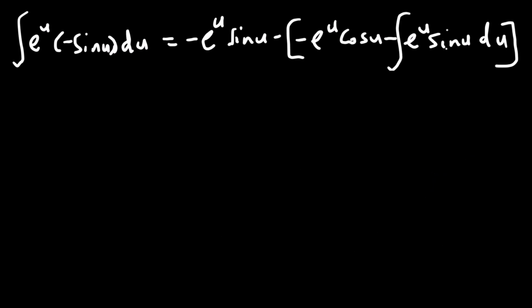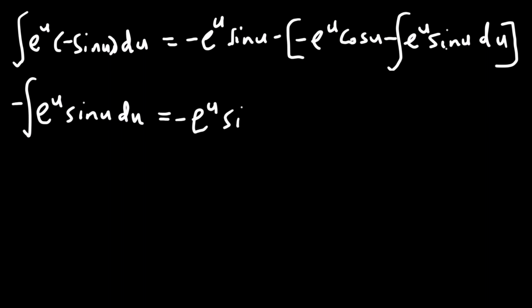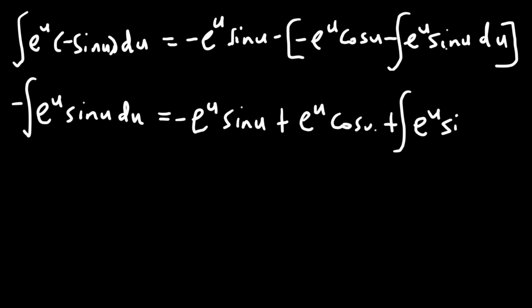Now if we pull out the negative, we shall have negative integral of e to the power of u sine u du equaling negative e to the power of u sine u. Now if we expand this, we shall have plus e to the power of u cos u and then plus the integral of e to the power of u sine u du.